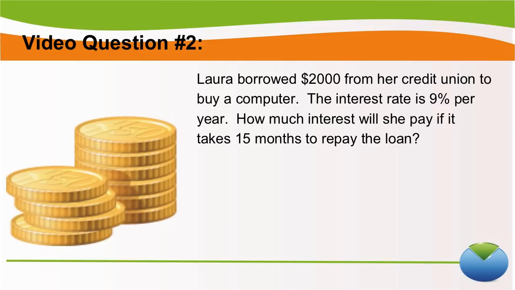Video question number 2 says, Laura borrowed $2,000 from her credit union to buy a computer. The interest rate is 9% per year. How much interest will she pay if it takes 15 months to repay the loan? Pause me while you work it out. Come back when you are ready for question number 3.